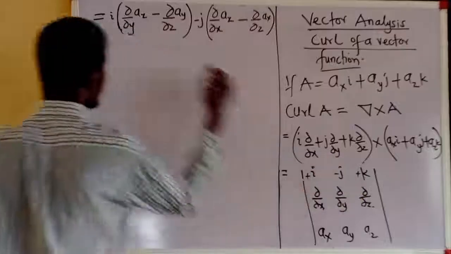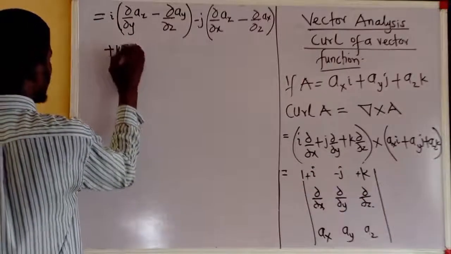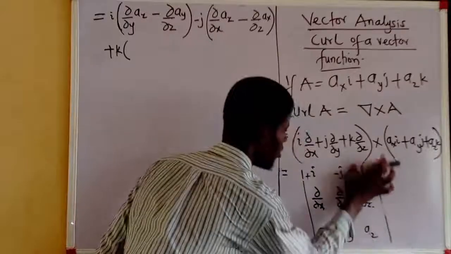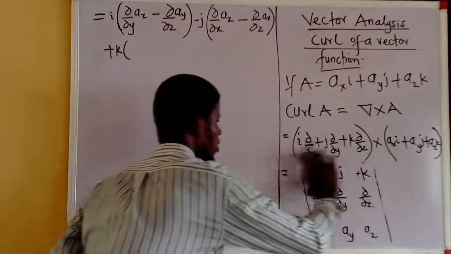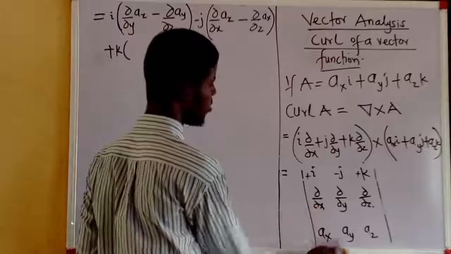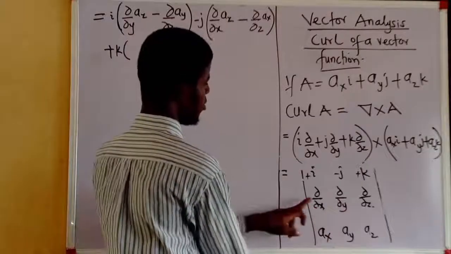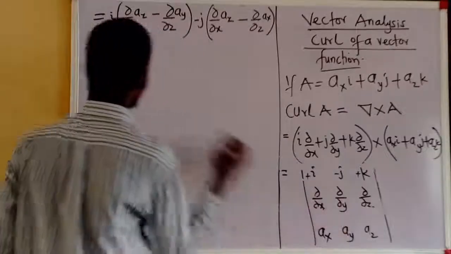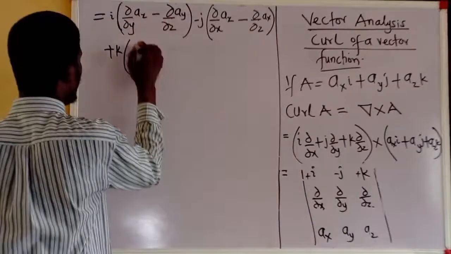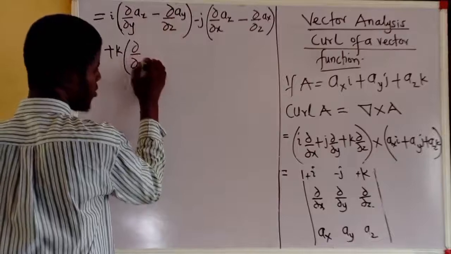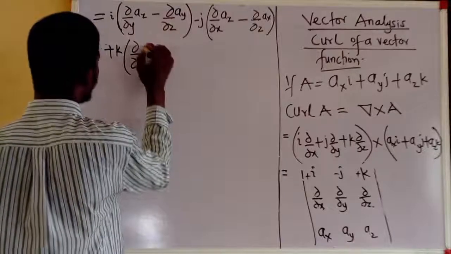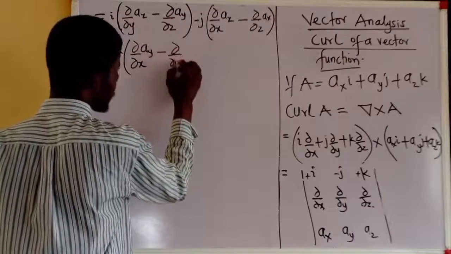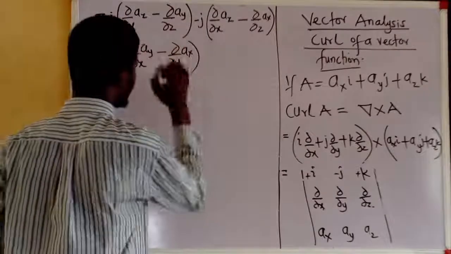Then we come here, plus k. Eliminate this column of k, eliminate this row of k. What's left? This, and this. So this into this minus this into this, we have partial x of Ay minus partial y of Ax.